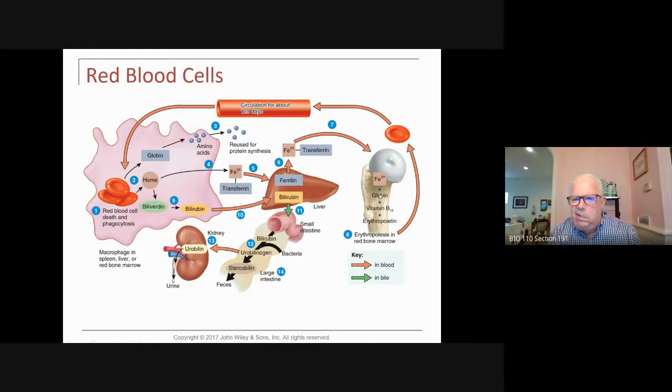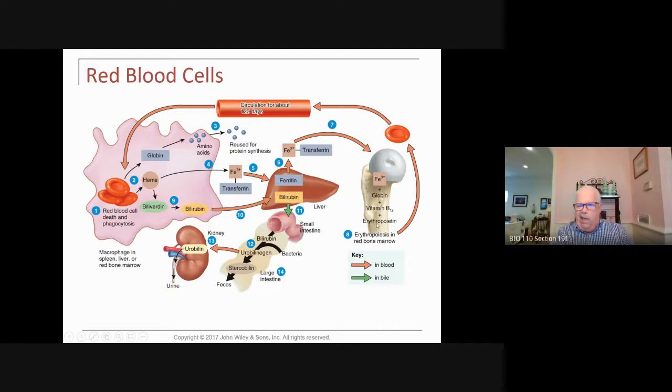There are also other things involved to make red cells. Vitamin B12 is involved to make red cells. I'm going to give you 3 lectures on Thursday on macrocytic anemias, and that includes B12. We will talk about a very important hormone called erythropoietin.